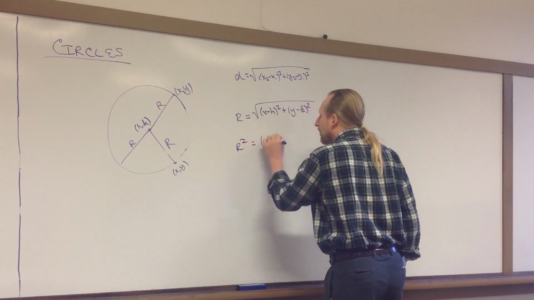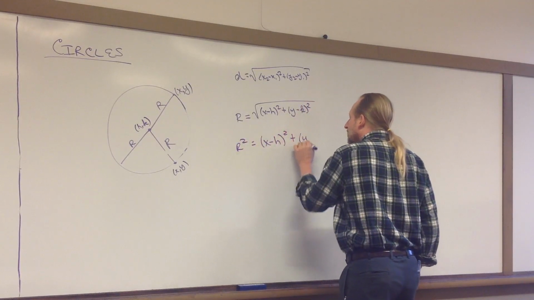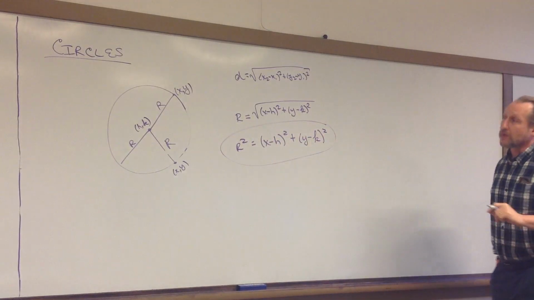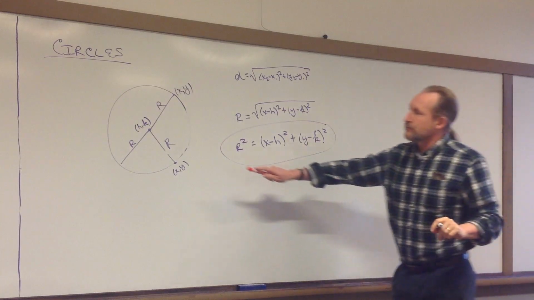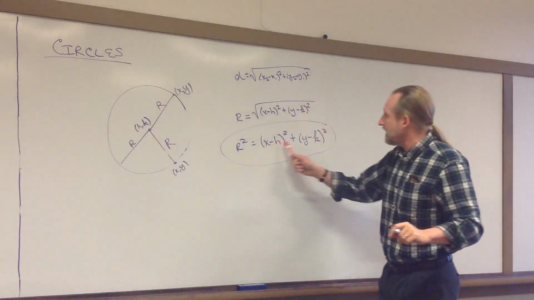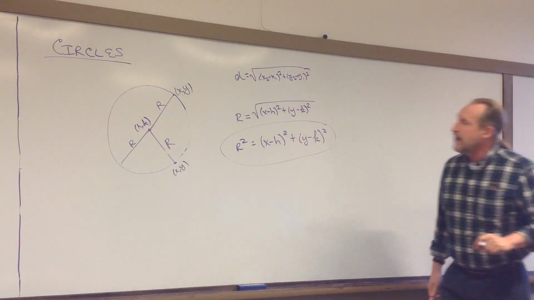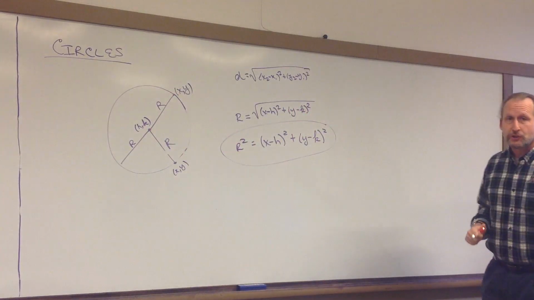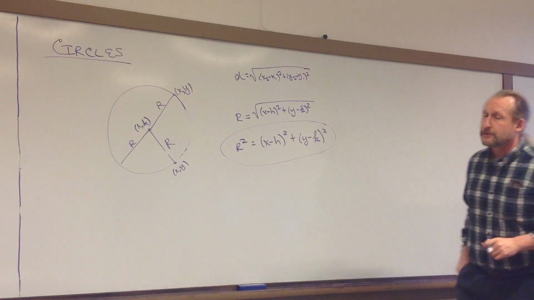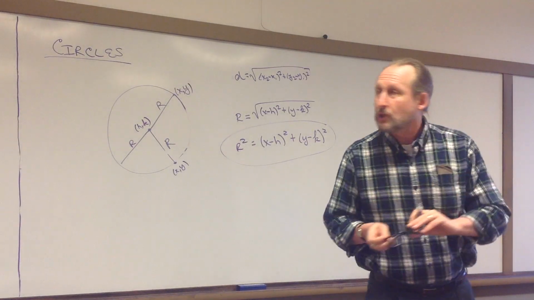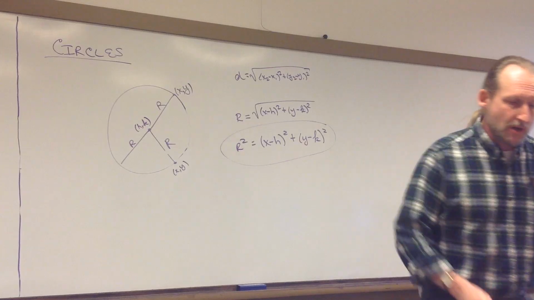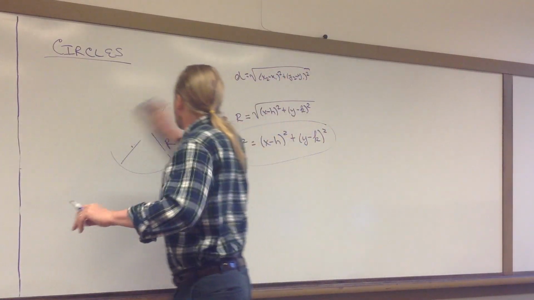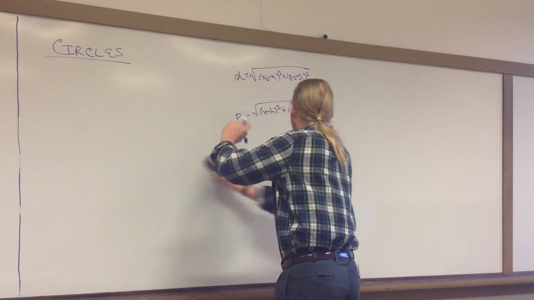And then if we square both sides, this is the standard form for the equation of a circle. You've got the center of the circle as the point (h, k). They show up here and here. And then the value of the radius will show up over there as the square root of whatever that number is. So there's the standard equation. Let me write that over on the side to open up some space on the board to look at examples here.